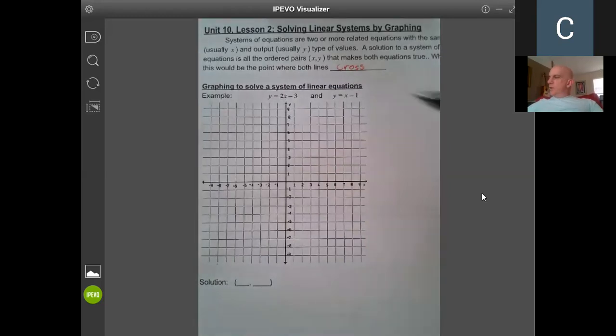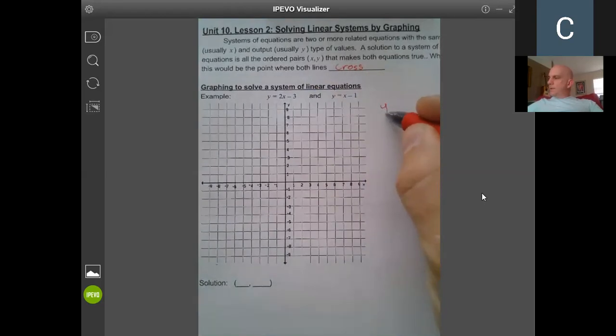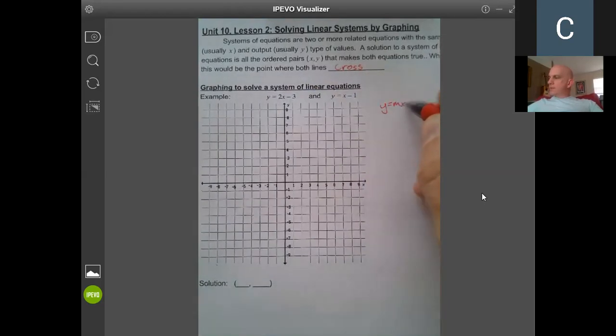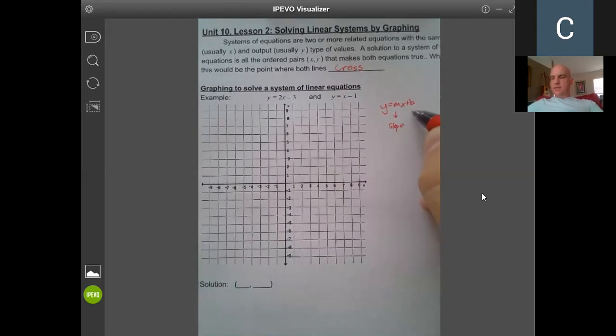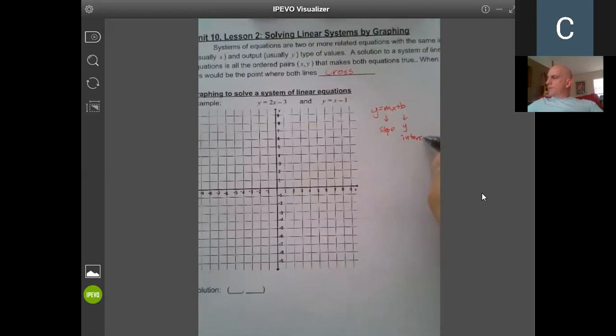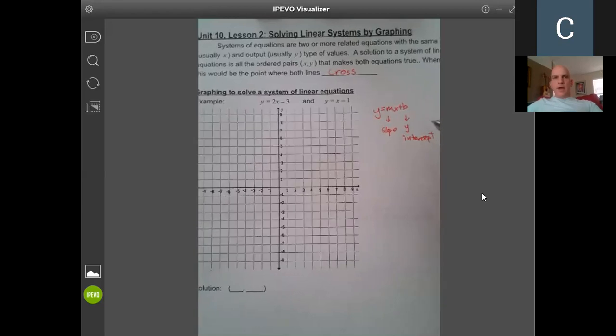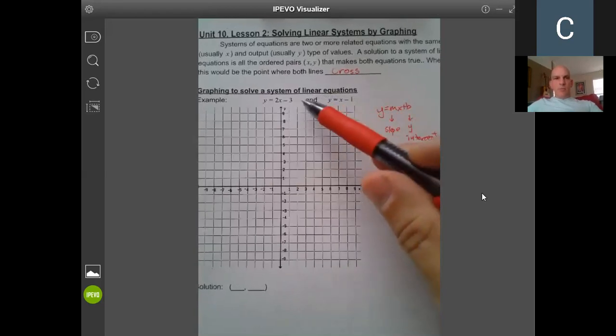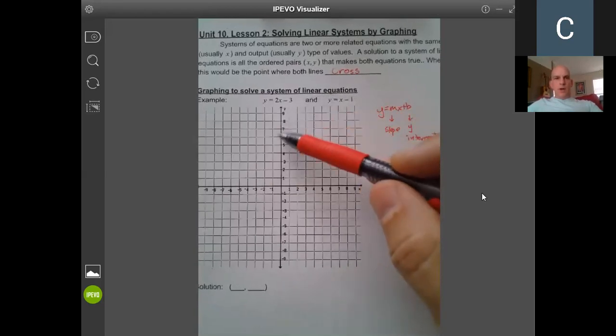This is slope-intercept form, the y equals mx plus b format. M is our slope, and b is our y-intercept. We're always going to graph this second number first along our y-axis.